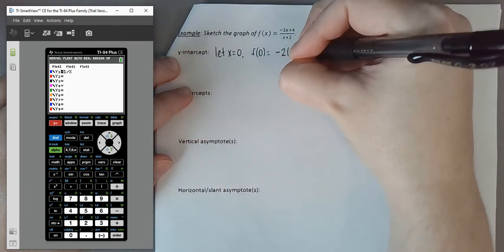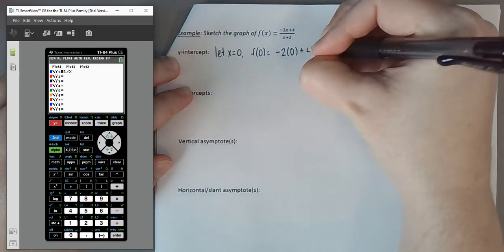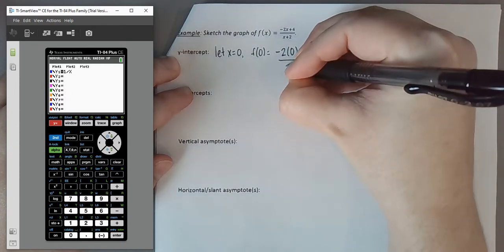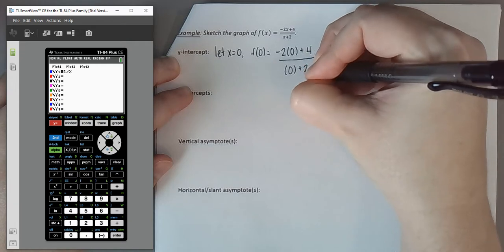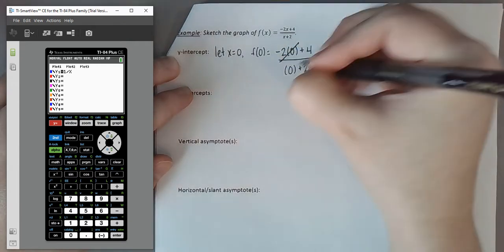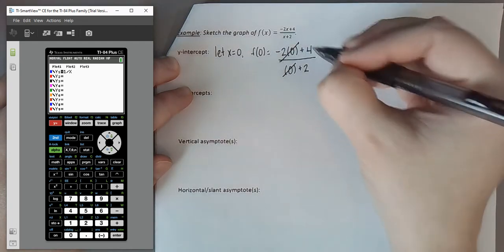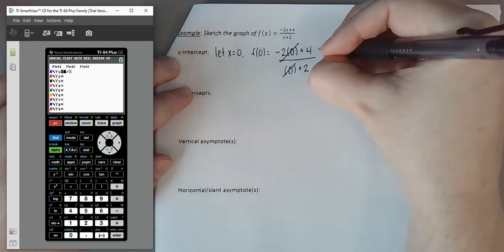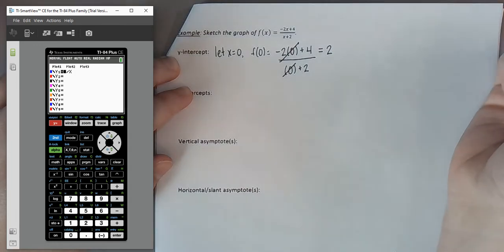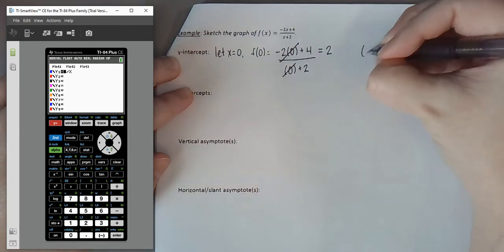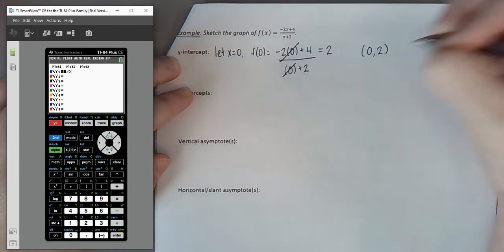So negative 2 times 0 plus 4 divided by 0 plus 2. So these first two terms, numerator and denominator, those are just 0, leaving us with a positive 4 and a positive 2. Divide those, and that's going to give us 2. So our y-intercept is at (0, 2).